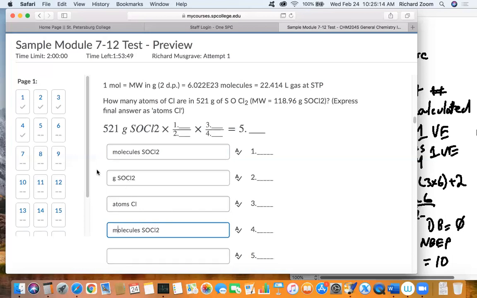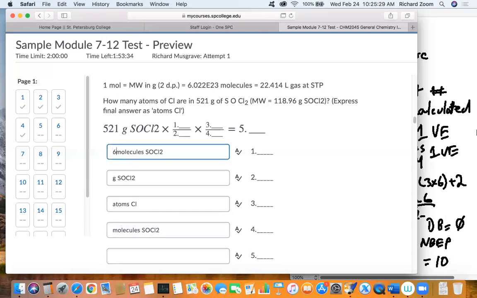So now we need a relationship between molecules and grams, and since both of those are equal to 1 mole, and you can see it up here, molecular weight in grams is equal to 6.022 times 10 to the 23 molecules.